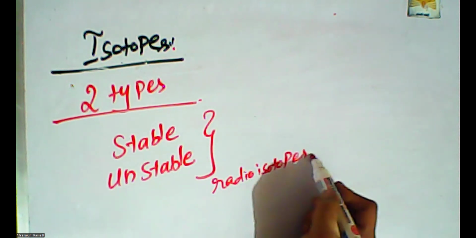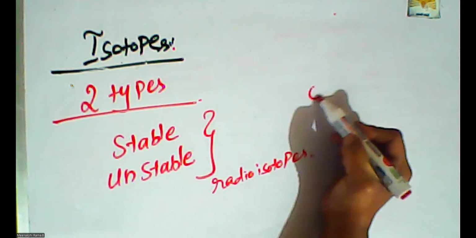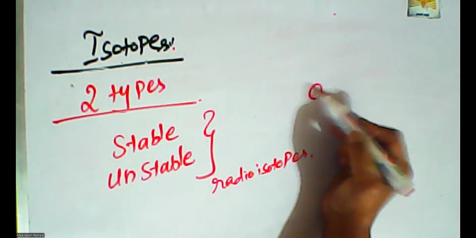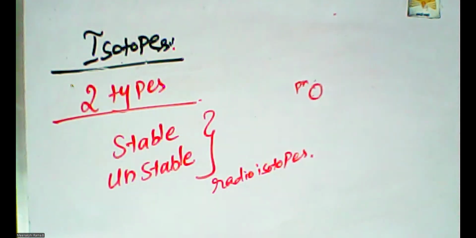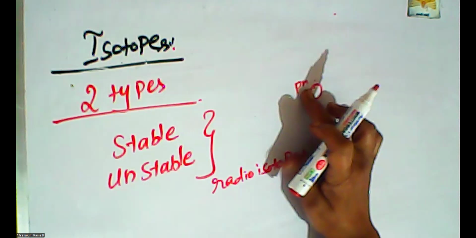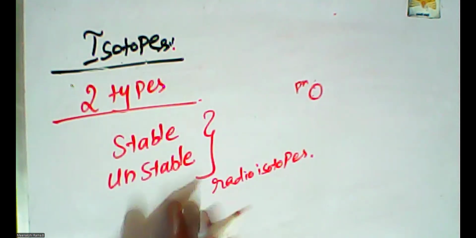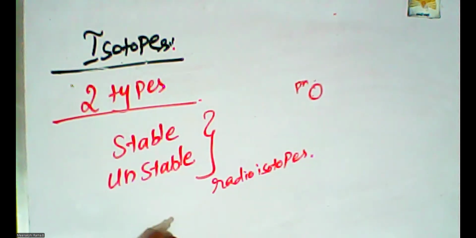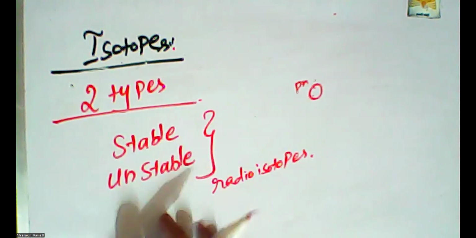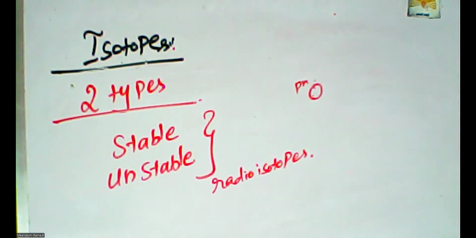In isotopes, the center part of the nucleus contains protons and neutrons. When we increase the number of neutrons, the stability also changes. In that manner, we can conclude stable and unstable isotopes.